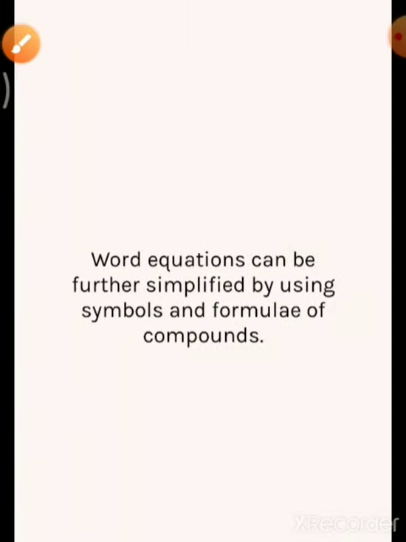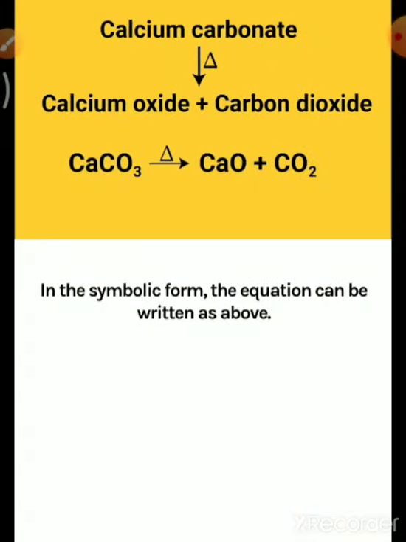Word equations can be further simplified by using symbols and formulae of compounds. As I told you in the beginning, like in all languages, alphabets make words and words make sentences. In the language of chemistry also, the symbols form formulae and the formulae form the chemical equation.